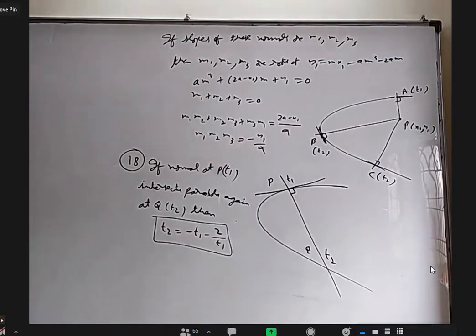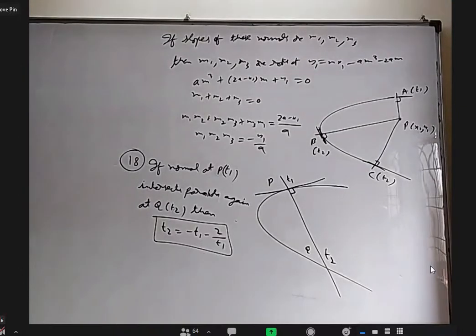Let us see if somebody wants to derive this. If the normal at T1 again intersects the same parabola at T2, the parabola being y squared equal to 4ax, then the relation between T2 and T1 is what?